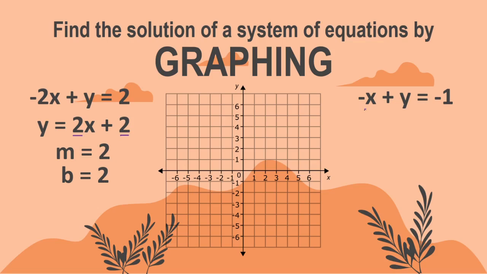Yan. Punta naman tayo sa other side. So, again, hindi pa siya nakaayos. Let us change this or rewrite this to the slope-intercept form. So, iwan natin ulit si y sa left side. Ilipat natin si negative x sa right side. So, negative x will become positive x.